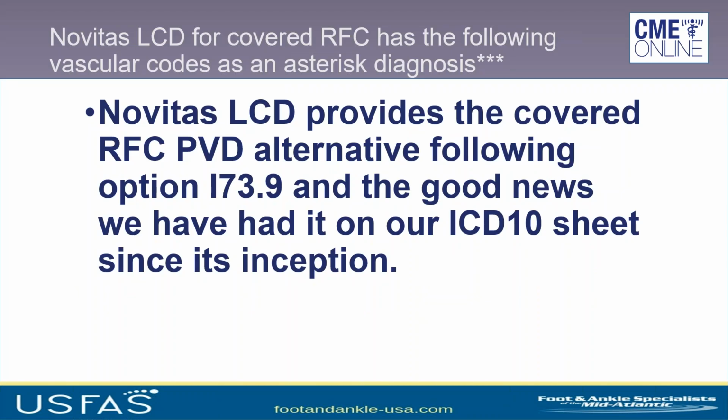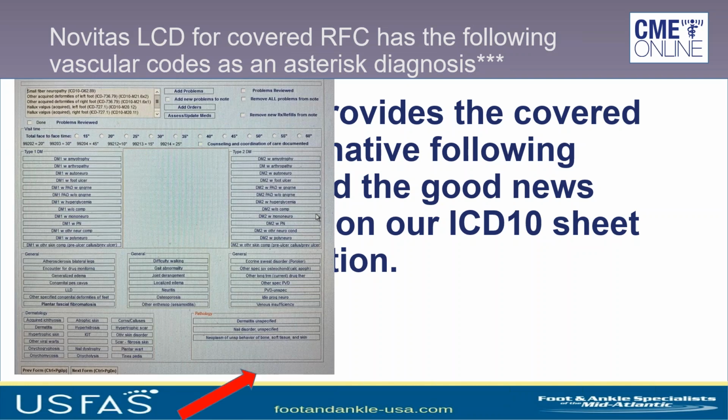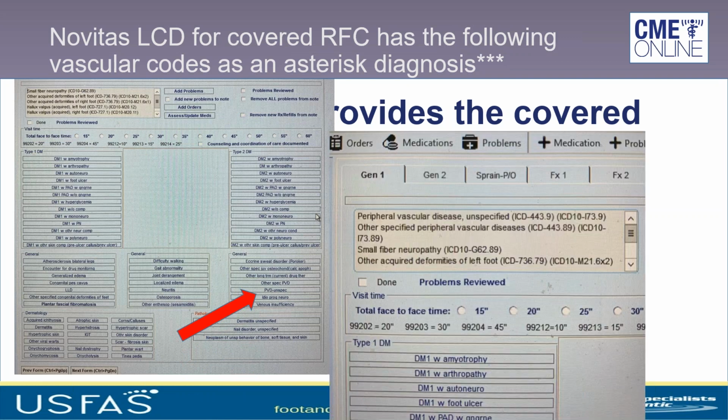So the important point I want to make, whether this is Novitas or Palmetto area, is that the LCDs allow for other diagnosis codes where you don't have to have the date last seen. So we have diagnosis codes like I-73 as an example with .9, which is the PVD unspecified. Here's an example in GE where we have it, and you just click the button under the PVD unspecified, or you can pick the other specified PVD.